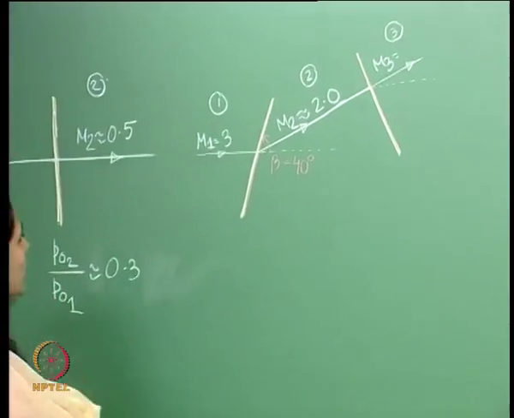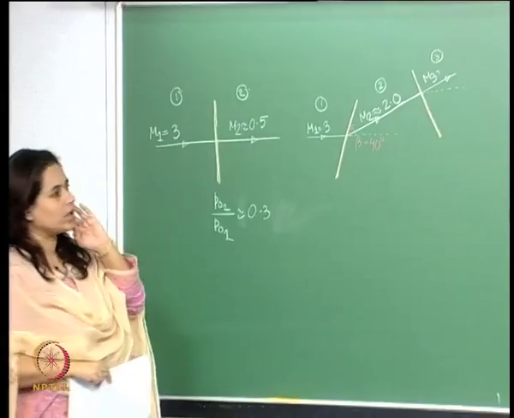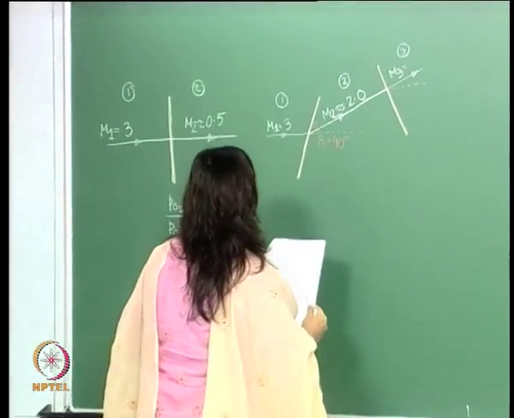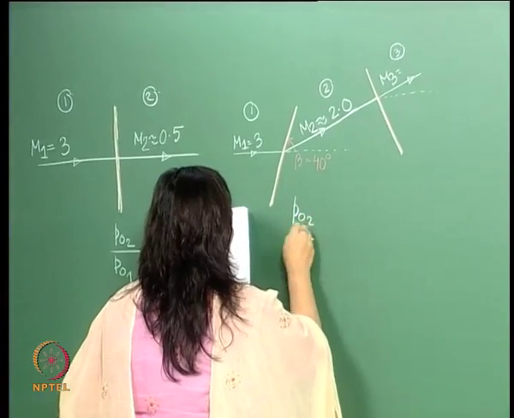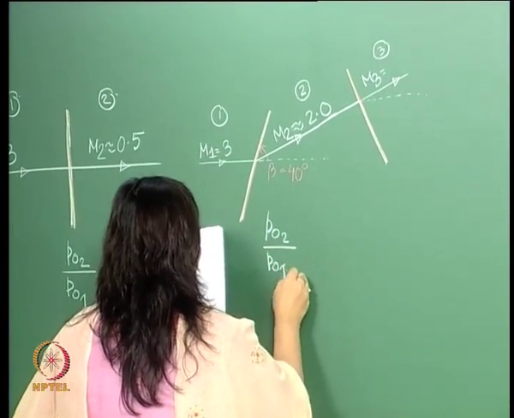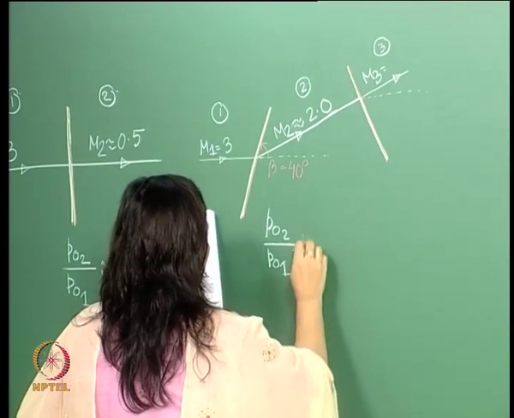What we are looking to do here is, we have slowed it down, but we haven't yet got to subsonic speeds. Here P02 by P01, the total pressure ratio, is around 0.8.